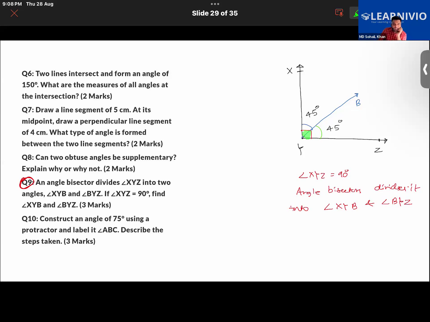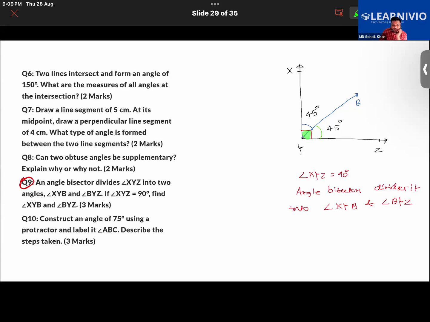Tell me the answer then, Nafis. First one: a line segment has two endpoints. Second one: an angle of exactly 90 degrees is called a right angle.